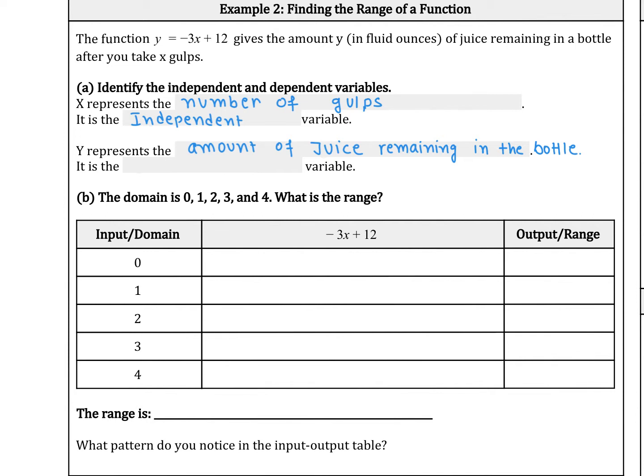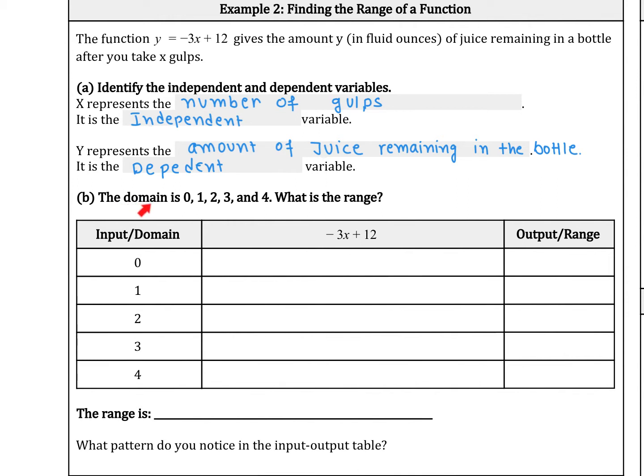Since it depends on how many gulps you have, it means that y is a dependent variable. So it depends on how many gulps or x values we had.